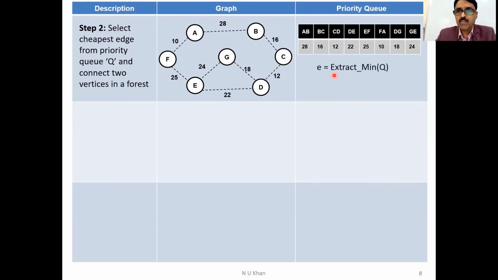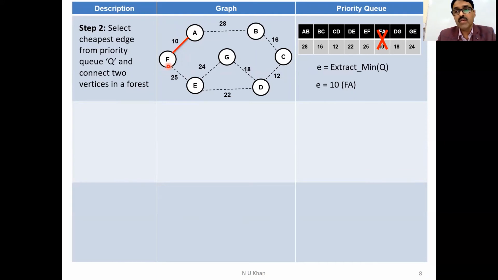Now extract the minimum edge. So the minimum edge is FA, this one, 10. यहां से हमने इसको एक्सट्रैक्ट कर लिया. नाउ इस एज को हम कनेक्ट करेंगे उन्हीं 2 ट्री के बीच में जहां से हमने इसको एक्सट्रैक्ट किया था. तो फर्स्ट वर्टेक्स will be F and another vertex will be A. So this one. तो आपने 2 डिफरेंट ट्री को आपस में कंबाइन करके एक नया ट्री बनाया है.